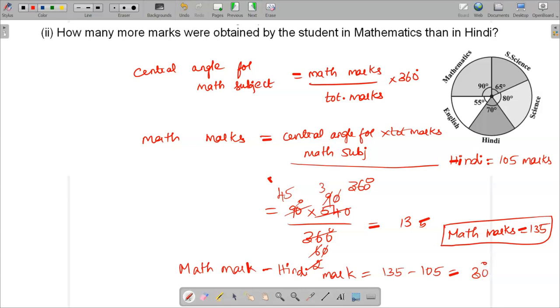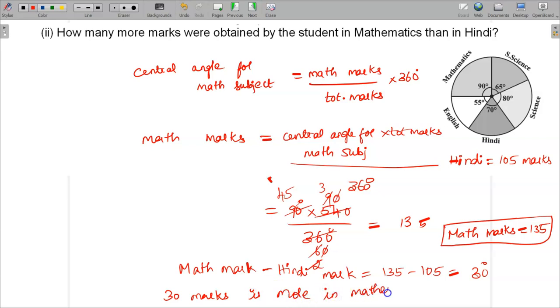So we can say that 30 marks is more in the mathematics subject when compared to Hindi.